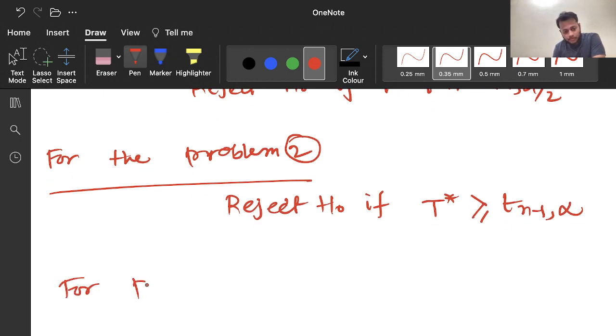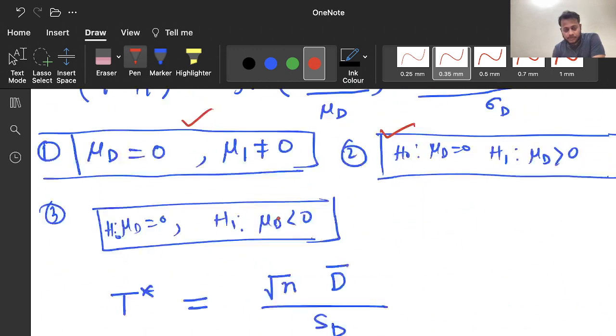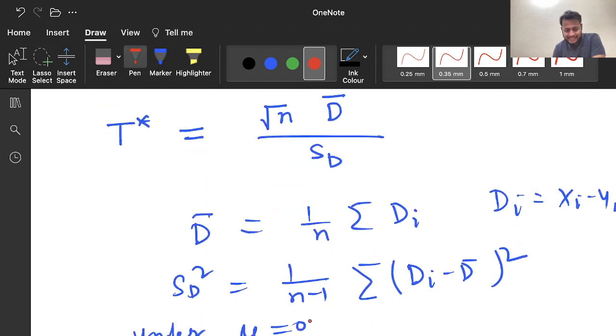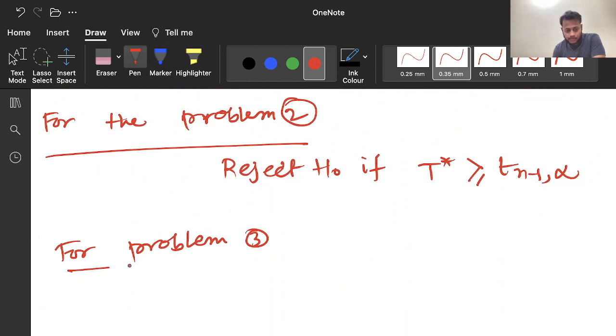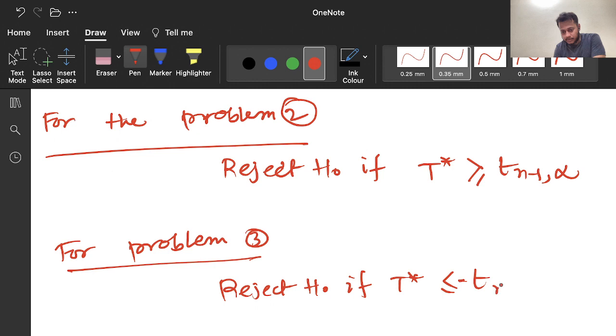And for problem 3, that is less than 0, we will reject H0 if t star is less than or equal to minus t(n minus 1, alpha). So that's it.